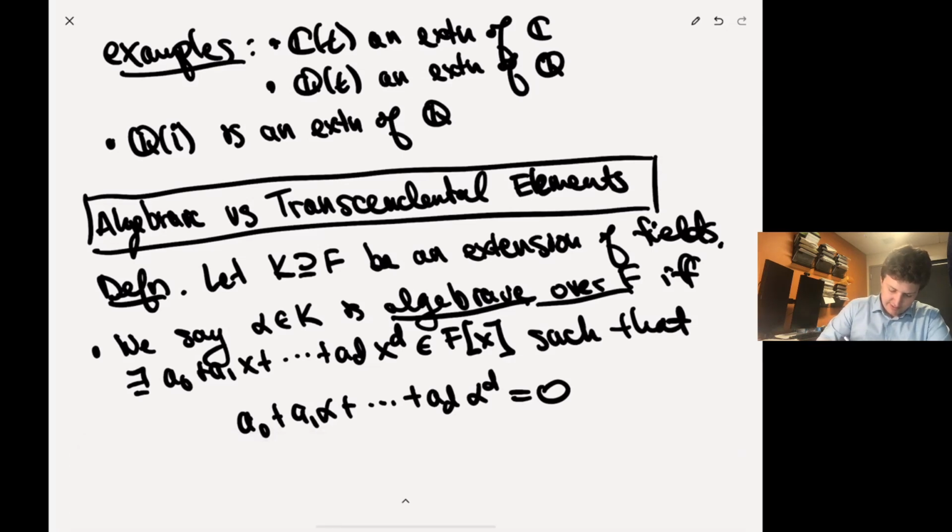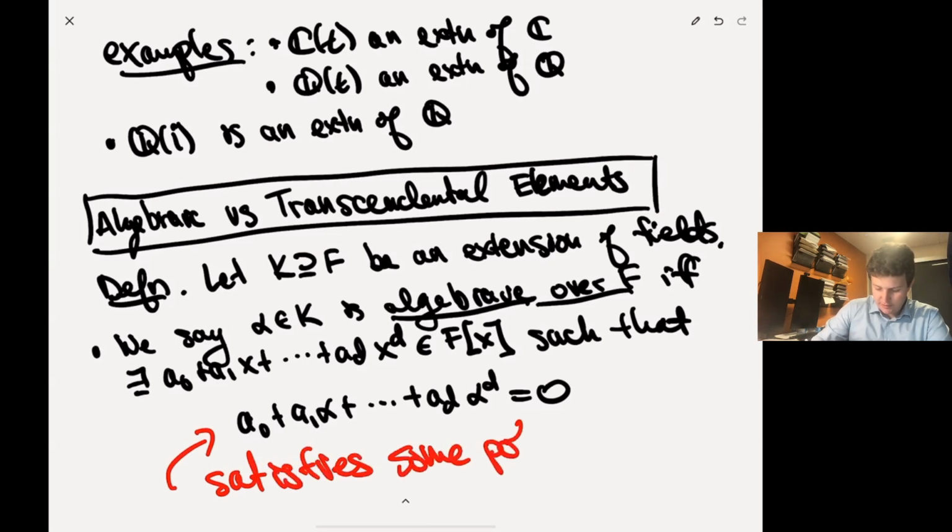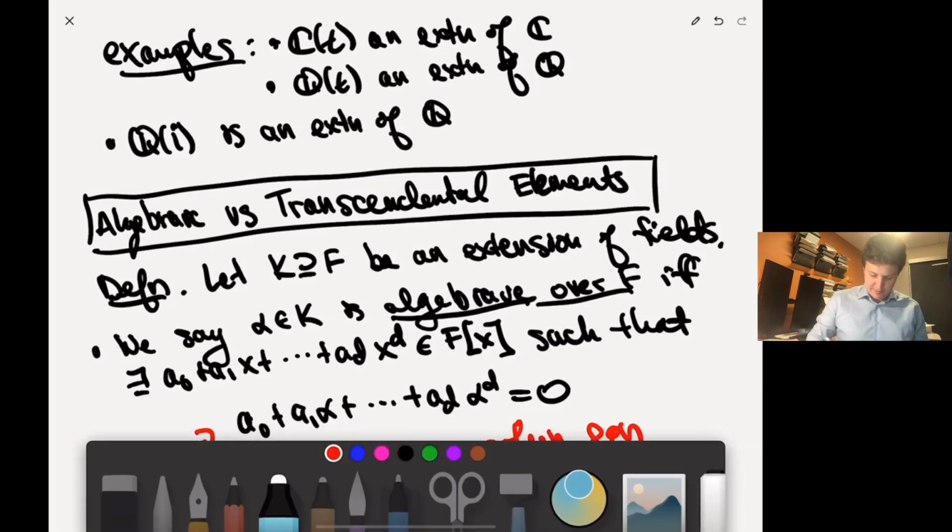Okay, so the idea is that it is algebraic: it satisfies some polynomial equation. So that's what it means to be algebraic, and then let me state the other definition, and then we'll give examples.